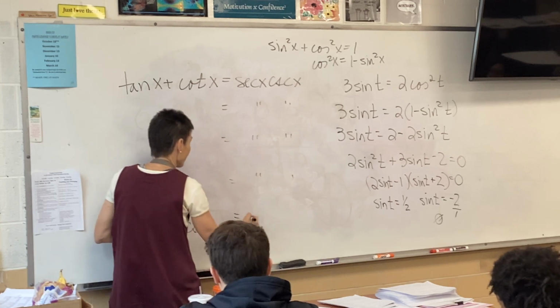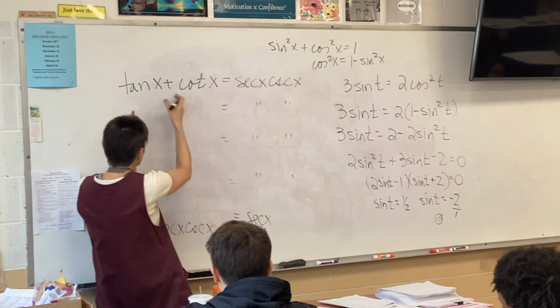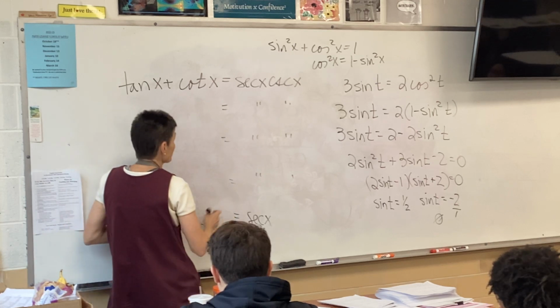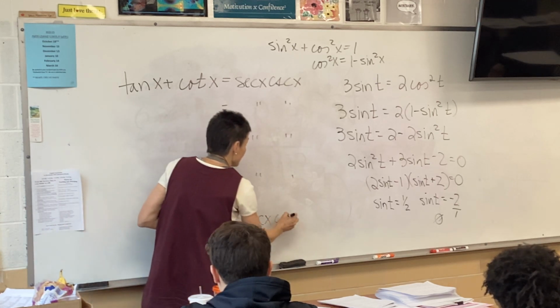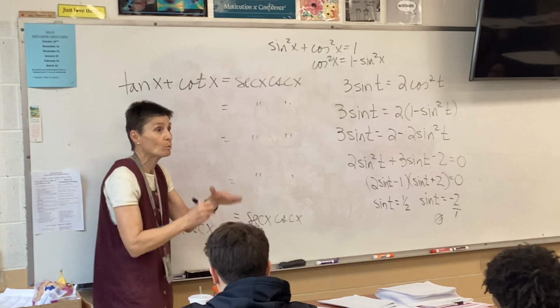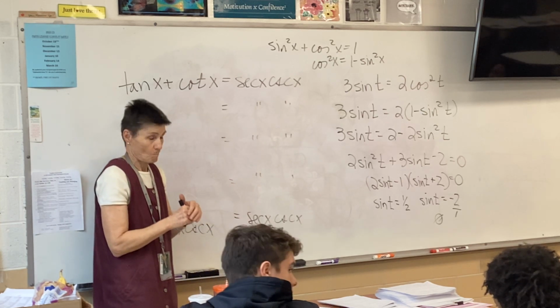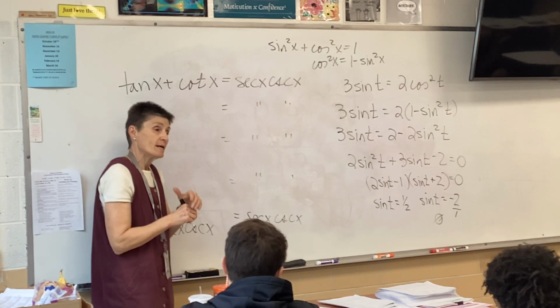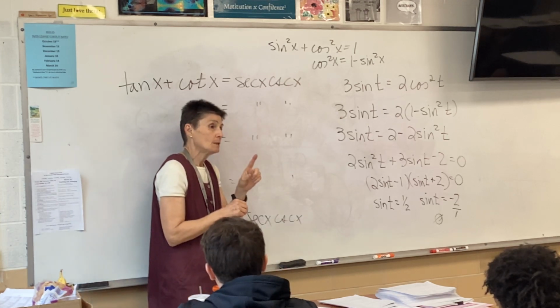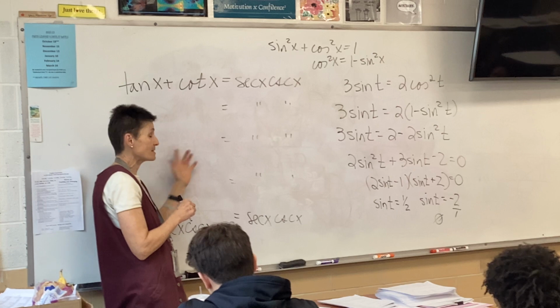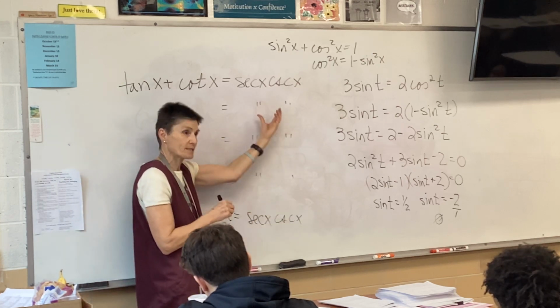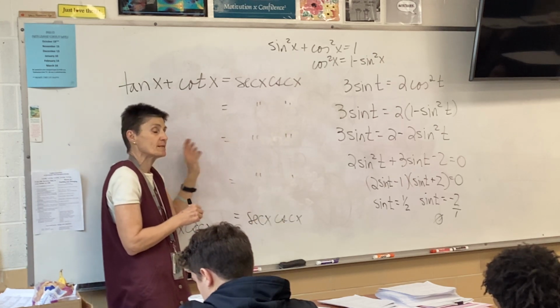If I'm able to change this, eventually I'll have secant cosecant equal to secant cosecant, which we all know is always true. Does it matter which side? No. If it's provable by changing this into this, then the reverse steps would change this into this.